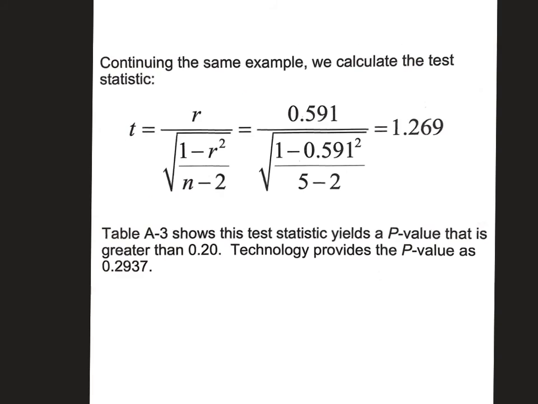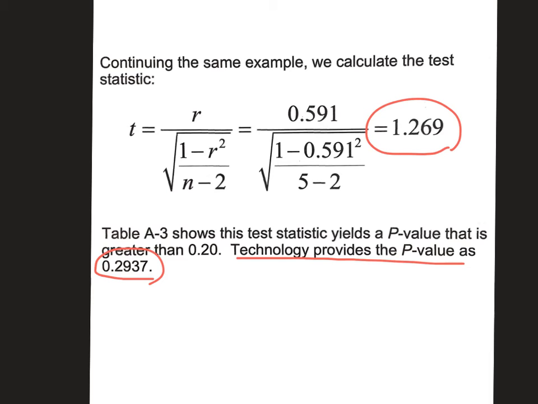So here we go. All right, continuing the same problem. I went ahead and showed you here all the numbers in calculating your T-stat, because you knew what all these letters stood for anyway. That was my T-stat, and our P-value, when we punched it in, gave me 0.2937, which is obviously higher than 0.05 or 0.01.